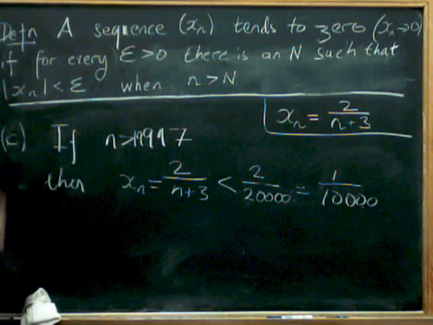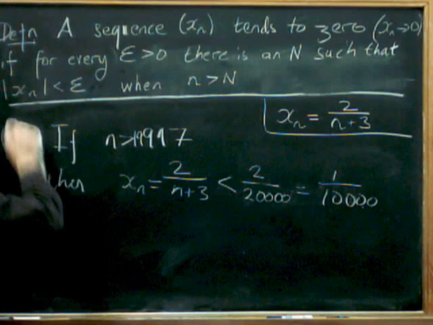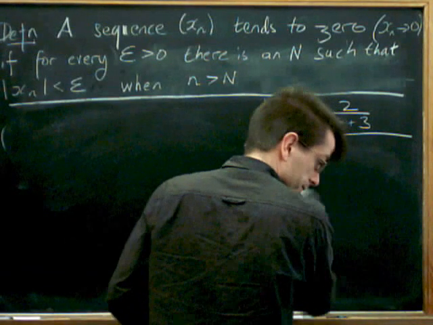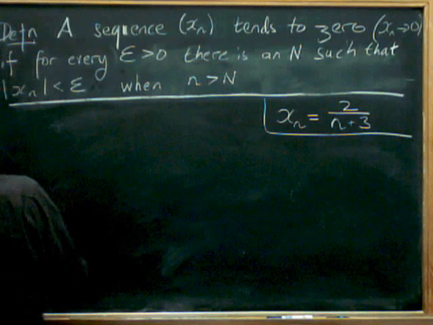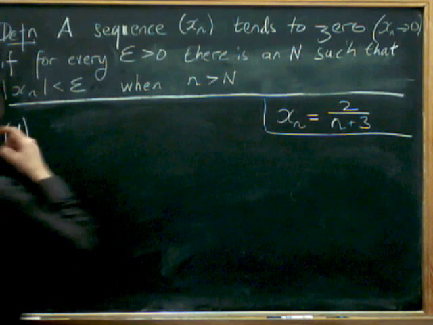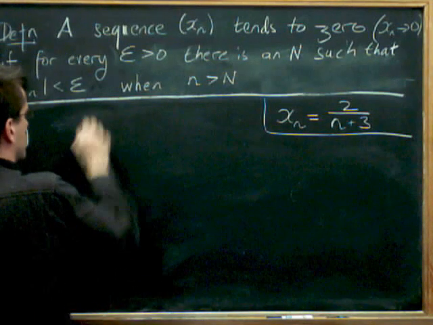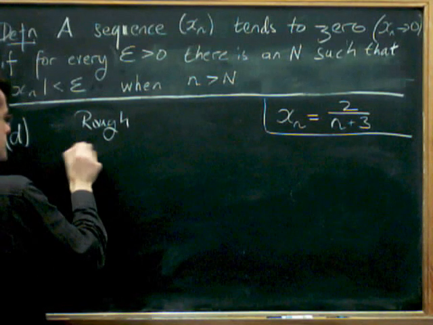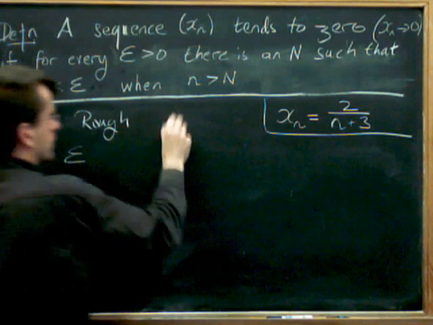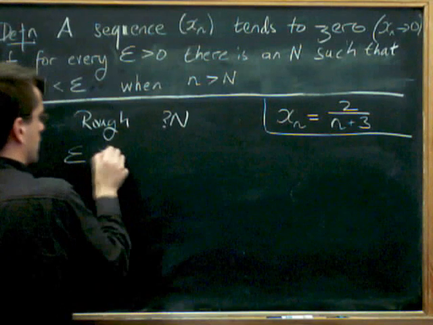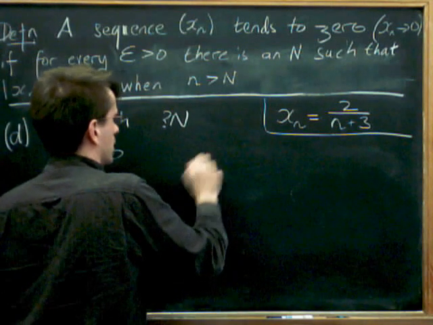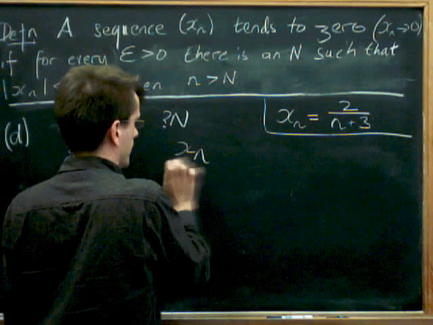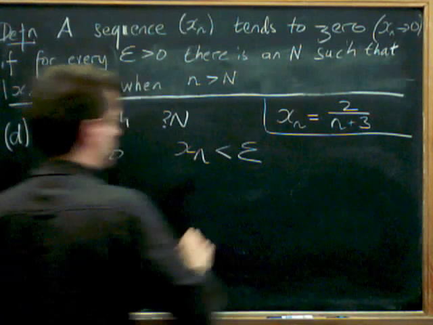In part D, we need to do the same thing again, but we're not actually given the number. We're just given an epsilon. So let's do our rough work again. We want to find an n such that if epsilon is bigger than 0, we want xn to be less than epsilon.